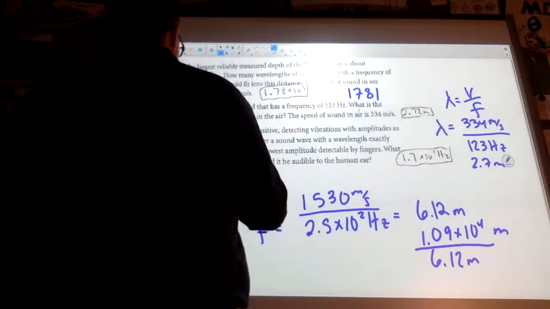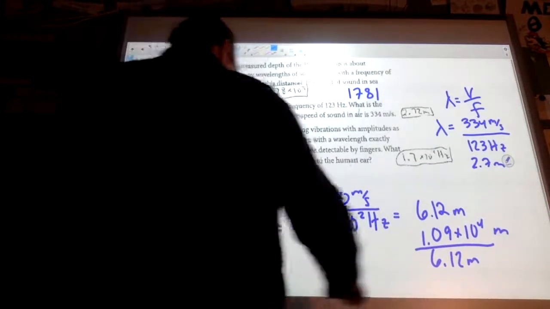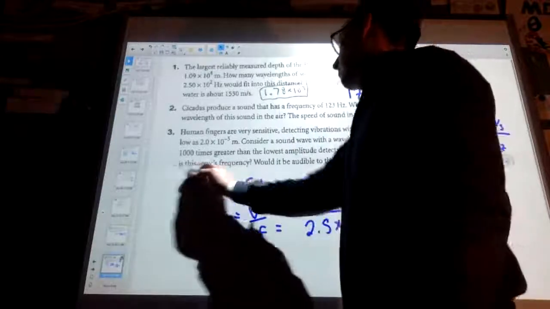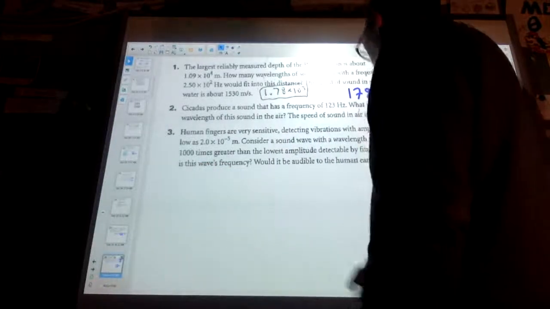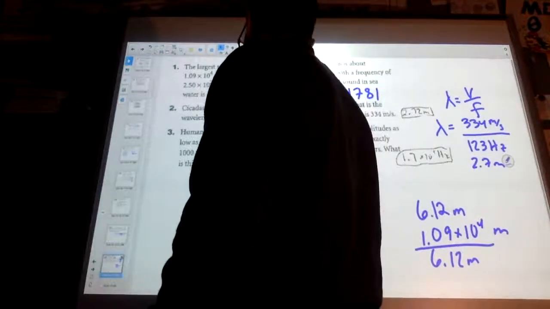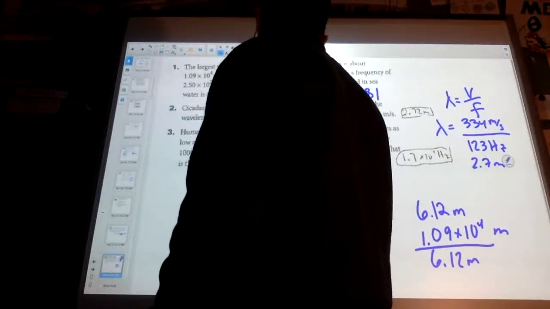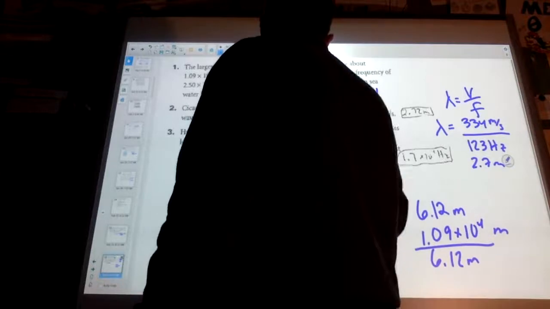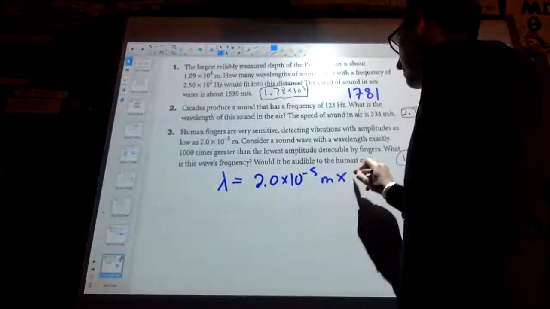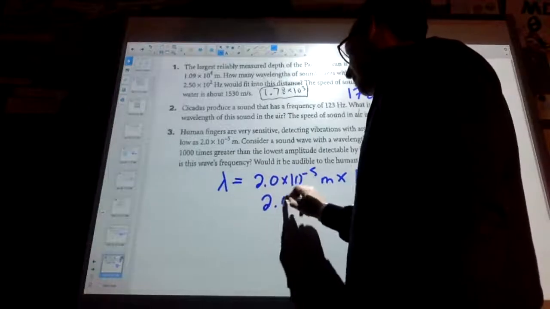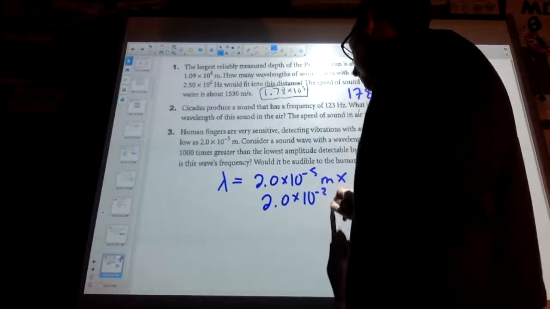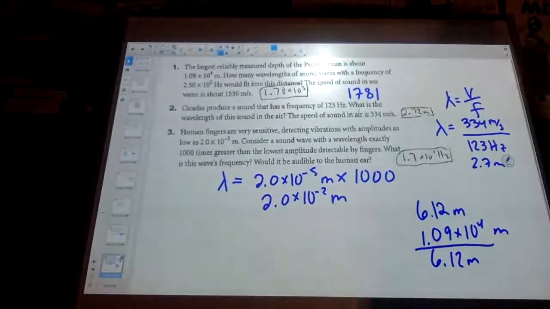So we're saying that our wavelength is 2 times 10 to the negative 5th times 1,000. So that would be 2 times 10 to the negative 2nd.